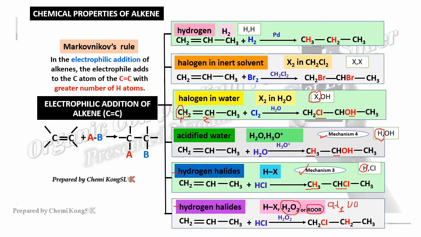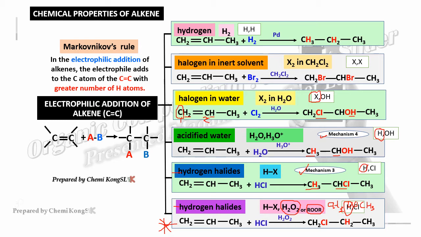If you notice, when you want to solve a problem related to electrophilic addition and there is hydrogen peroxide or anything with ROOR, you have to take note. This one is anti-Markovnikov's rule. What do we mean by anti-Markovnikov's rule? In this case, hydrogen and chlorine: hydrogen won't be added to the carbon with the greater number of hydrogens, because it is anti.